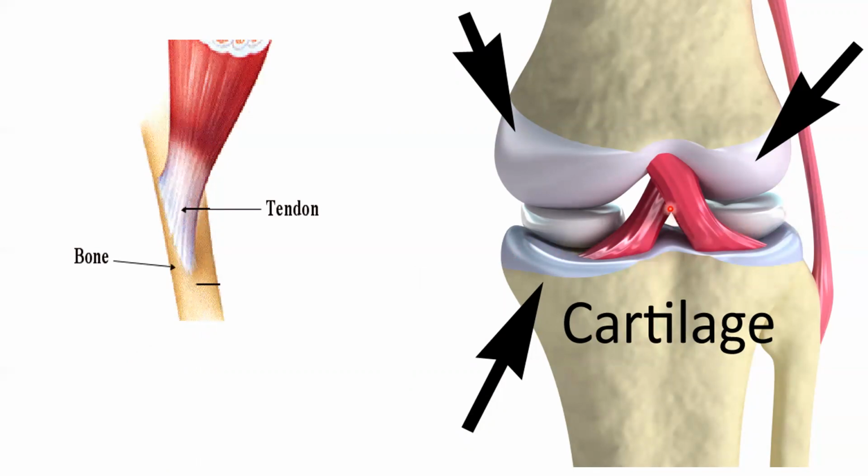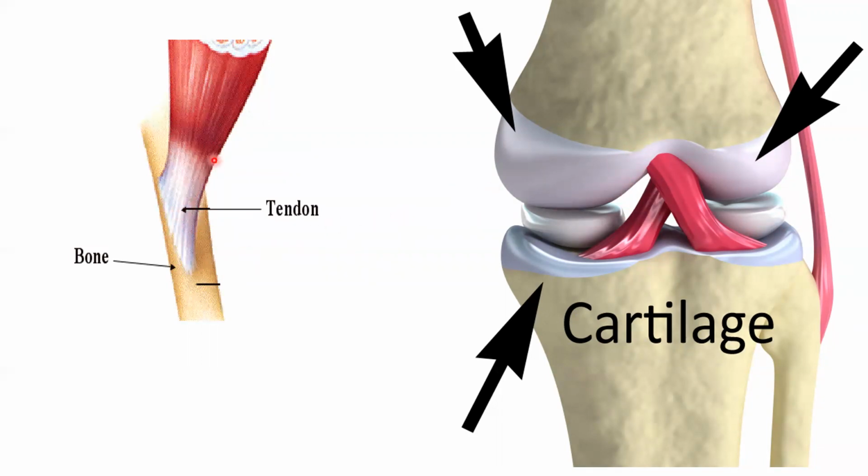Ligaments are strong and flexible, and join one bone to another. The function of ligaments is to prevent dislocation of bones at the joint.